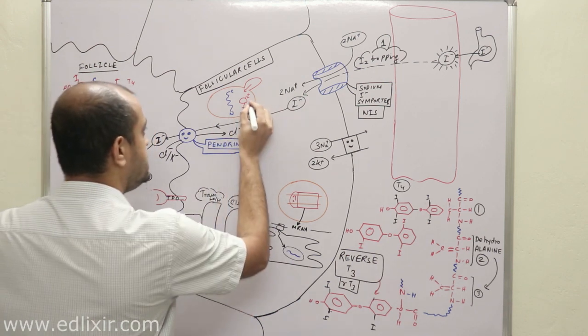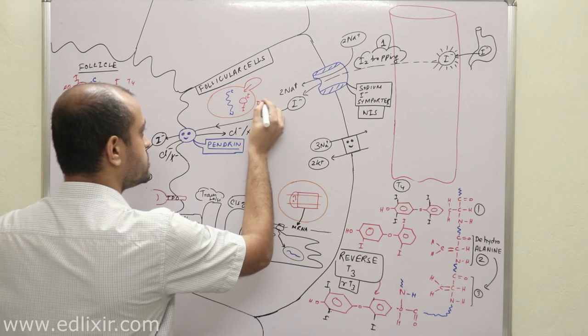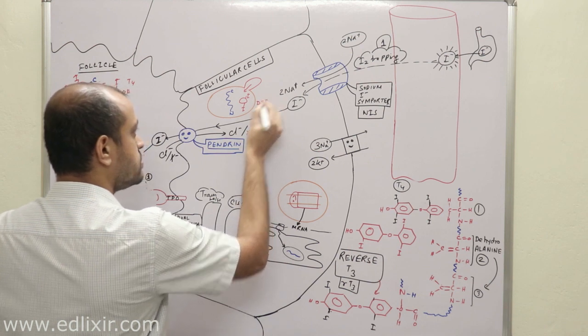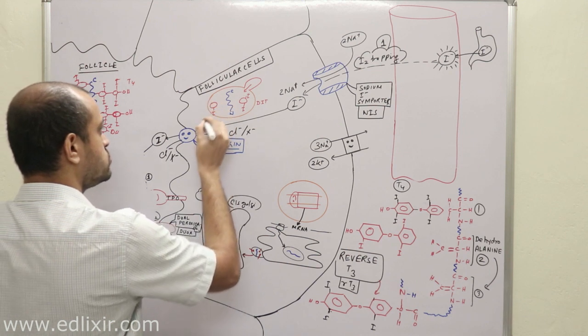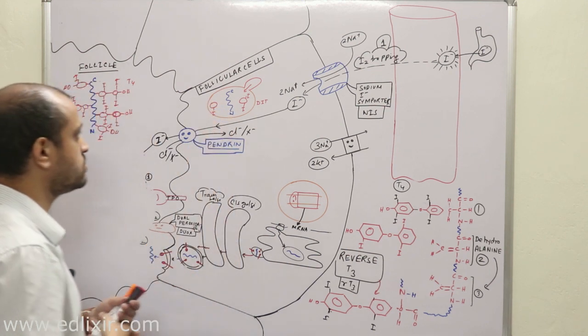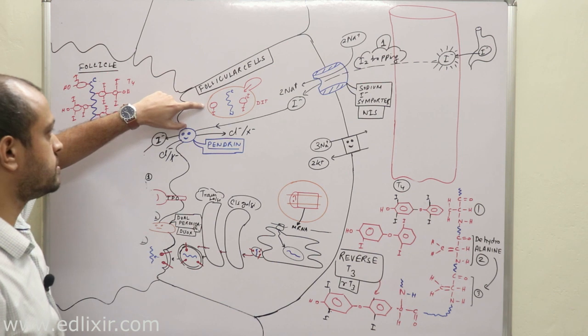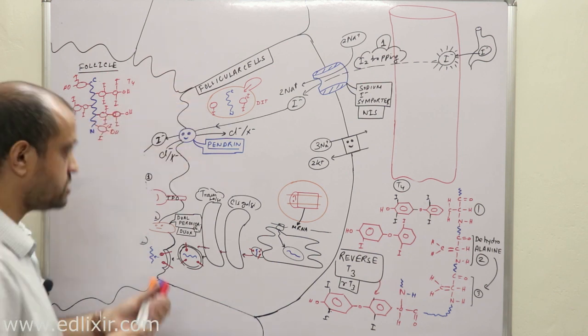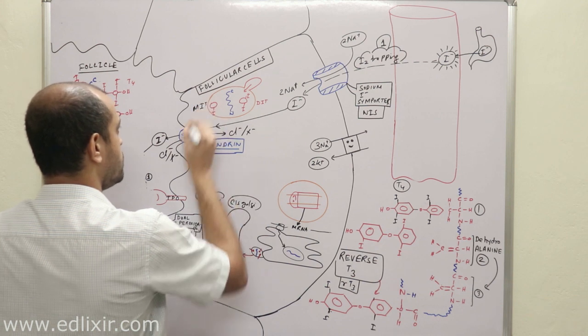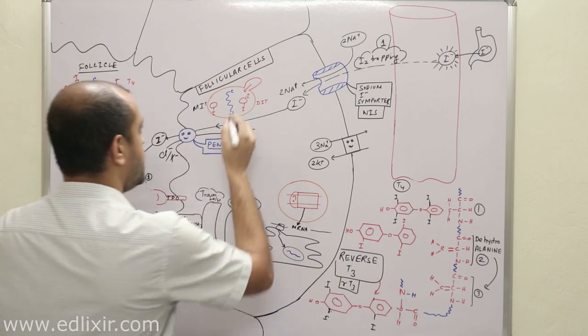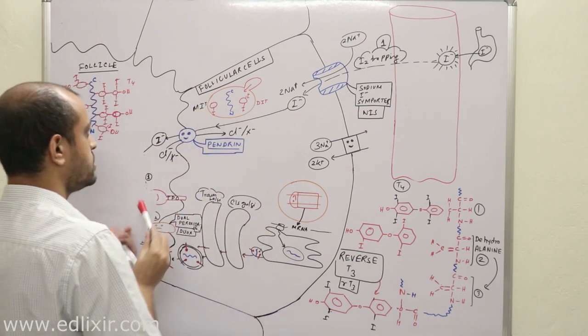This is called DIT, diiodotyrosine. And suppose there are non-conjugated benzene molecules having only a single molecule of iodine. This is called MIT, not Massachusetts Institute of Technology. This is monoiodotyrosine.